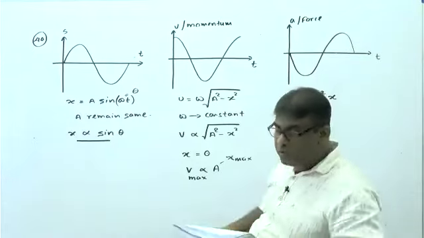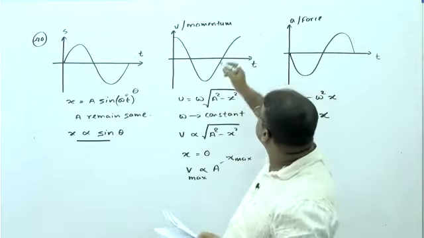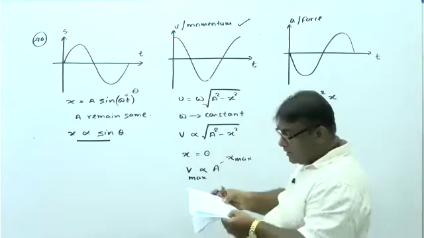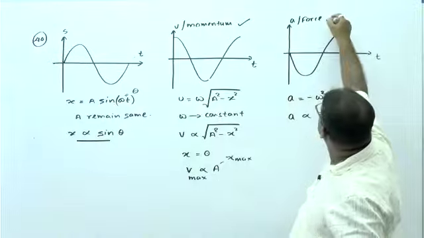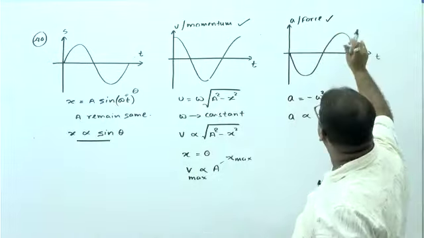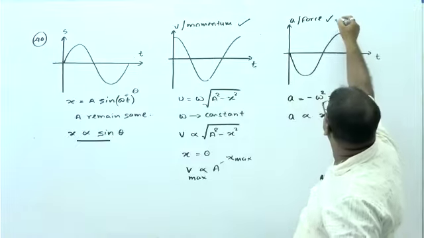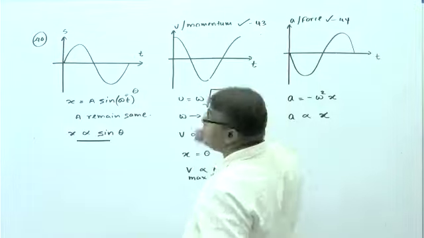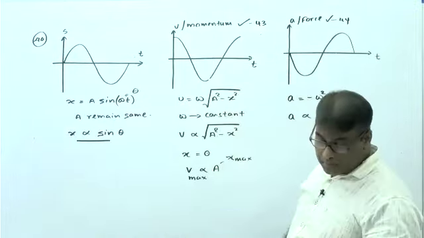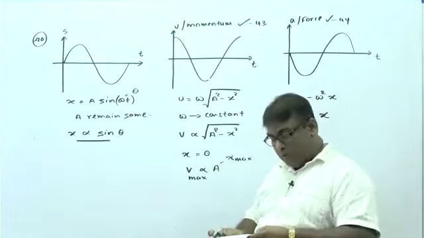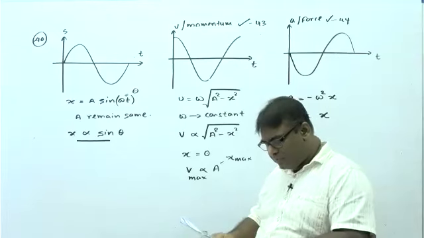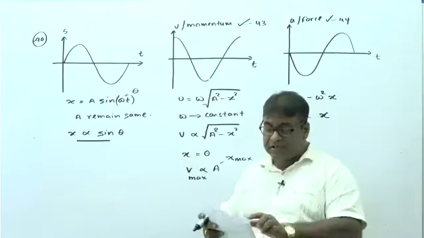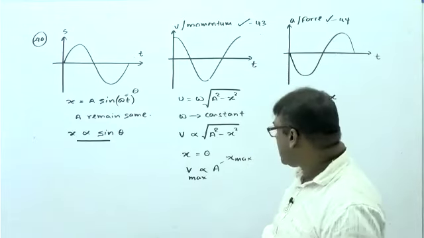You are asked to draw number 43, momentum. It should be the same as the velocity time graph. And force is the same as number 42. This is 44. Momentum is 43. Can you complete them until 44? Clear. Now, can you draw the variation of kinetic energy, potential energy, and total energy against time for simple harmonic motion?